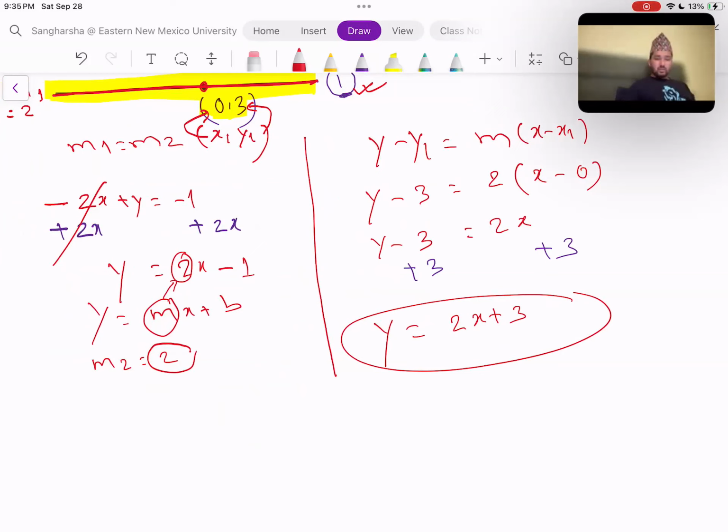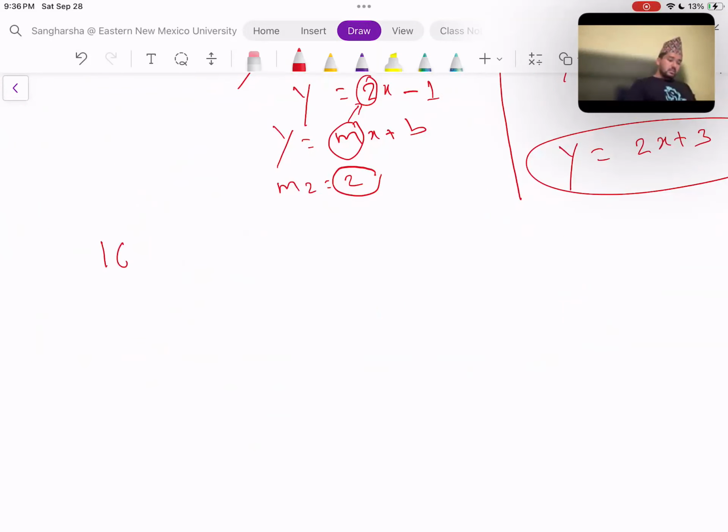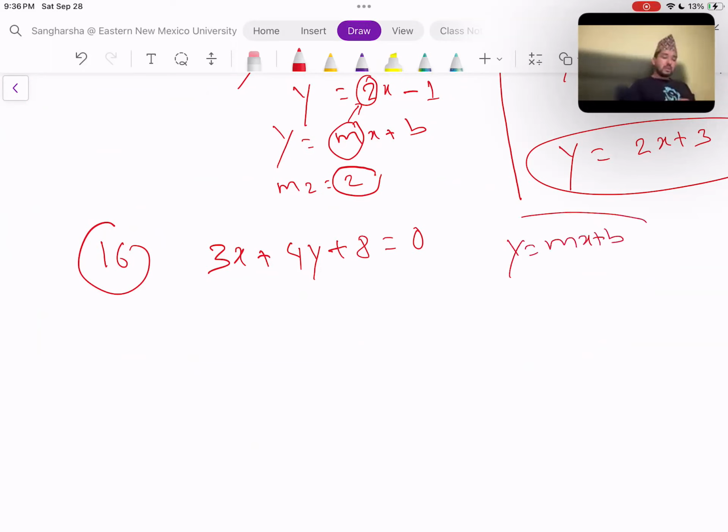Okay, the next one is number 16. In number 16, we have the equation 3x plus 4y plus 8 equals 0. So this is the equation of a line, and we are asked to express this equation in the form y equals mx plus b, and graph.